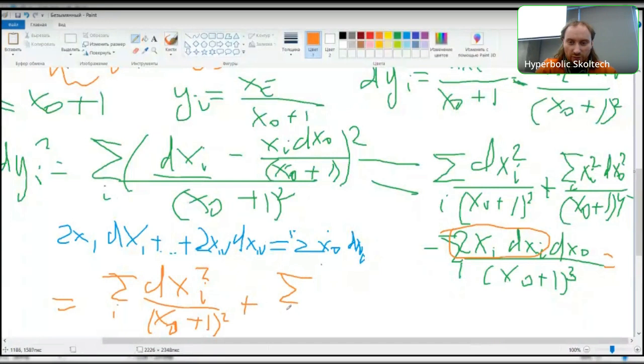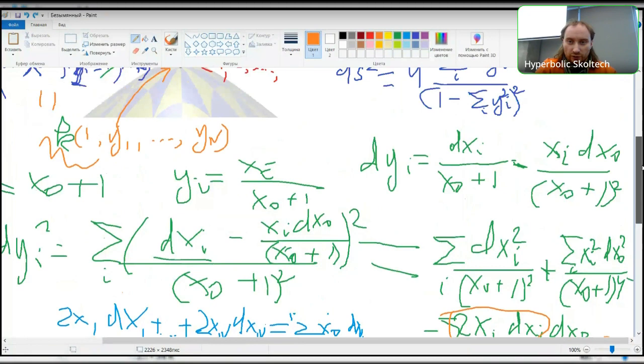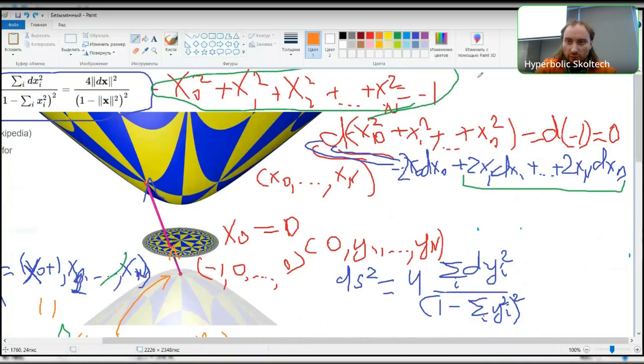I forgot to mention it, but probably you understand. So here we have sum over xi squared. This we also know actually. From here we see that sum of xi squared equals x0 squared minus 1.